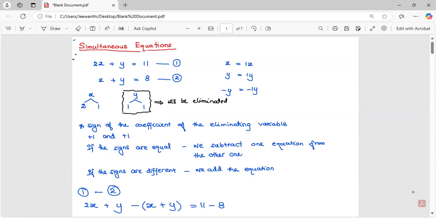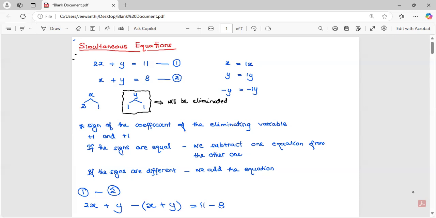Here you can easily identify the eliminating variable because y has the same coefficient, 1 and 1. For example, x also has 1 and 1. So you can decide whether to eliminate x first or y first. Again, no hard and fast rule, you can decide as you wish.